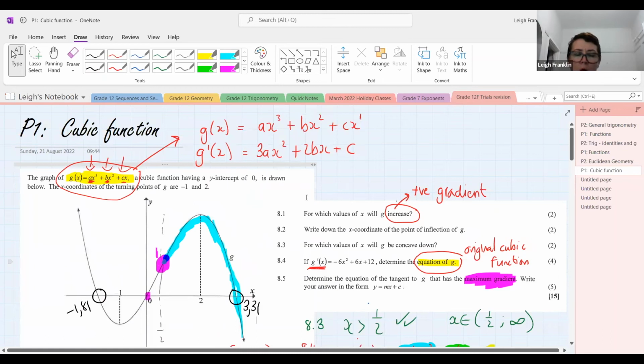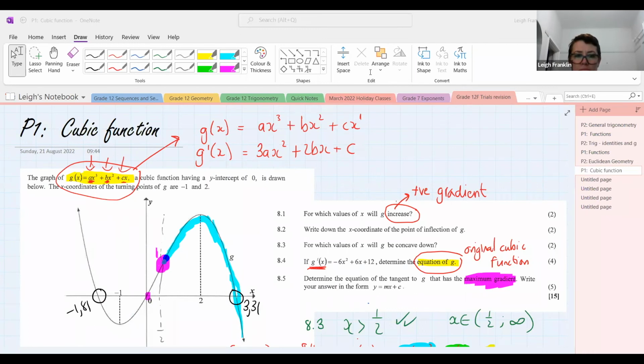Are you guys all right with finding the coordinates at the turning point? Do you want me to go over that? How to find the coordinates at the turning points? No problem.